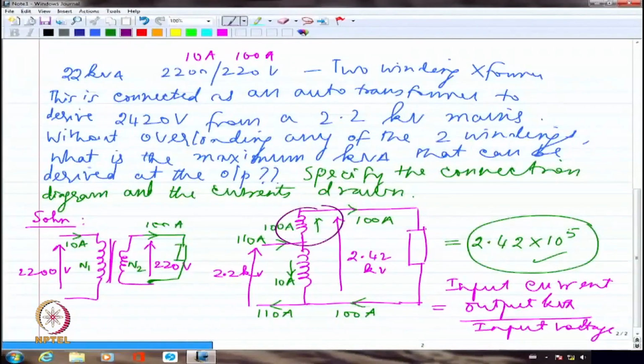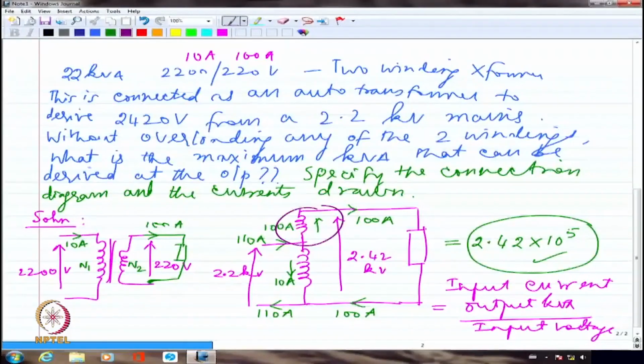So auto transformer connections are extremely useful when I want to slightly adjust the voltage. If I try to connect it somewhat like this, I am going to end up spoiling the transformer. This is theoretical. See, if I look at it, this was only designed for 220 volts. But this is my ground now. The ground is somewhere here.